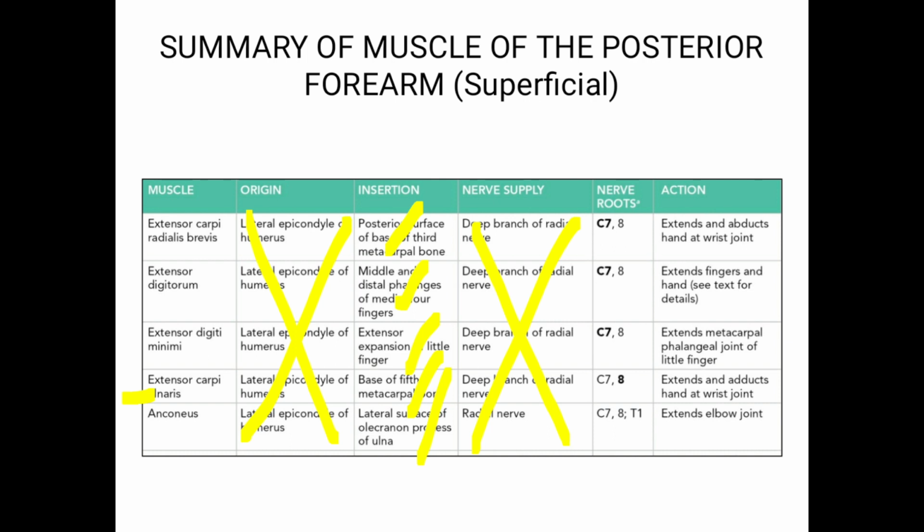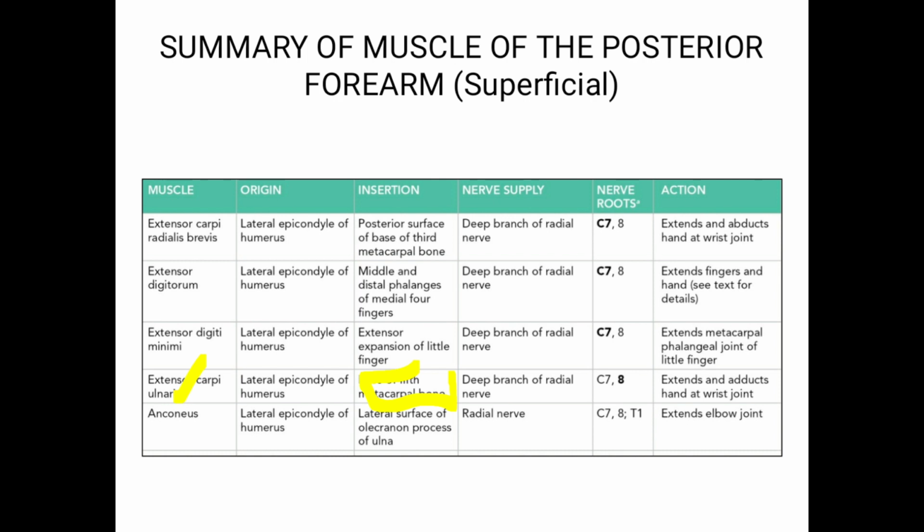What is the bone at the medial aspect of the hand? The fifth metacarpal bone. When you say radialis, what is the carpal and metacarpal bone at the lateral hand? You have there your third metacarpal. So that's how you take note.